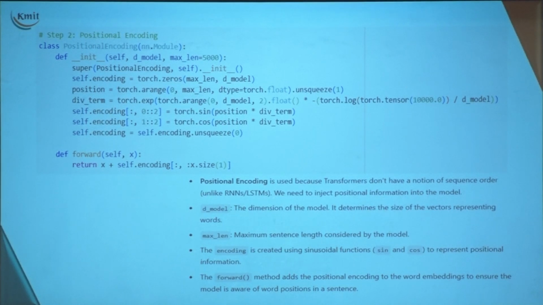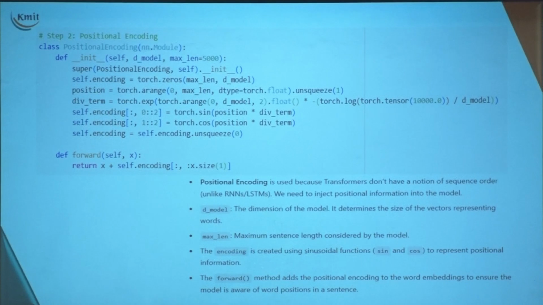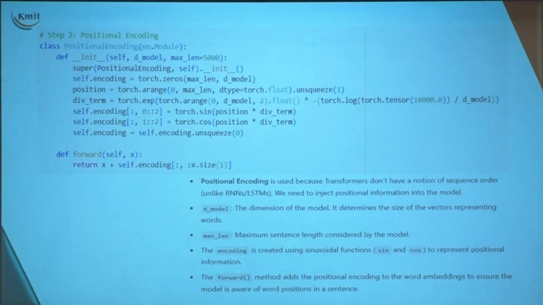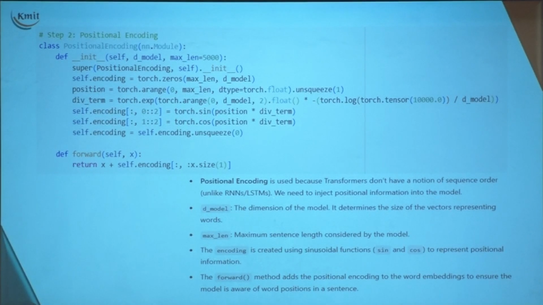Now after that, what is the next line? position is equal to torch.arange. That is, I have even positions and odd positions. Yes or no? I want to create even positions of the word tokens and odd positions. So when I talk about I love AI, how many evens and how many odds are there? 1 even position, which is 2, and 2 odd positions, which are 1 and 3.